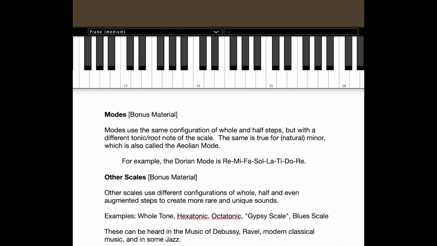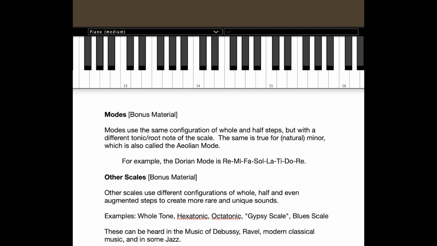So if you play all the white notes starting on D, that's called a mode. It's called the Dorian mode, and you could sing that by starting your do, re, mi on re. Re, mi, fa, sol, la, ti, do, re.